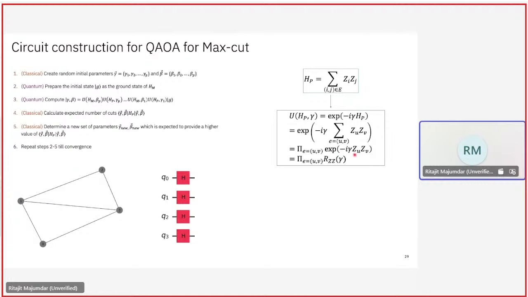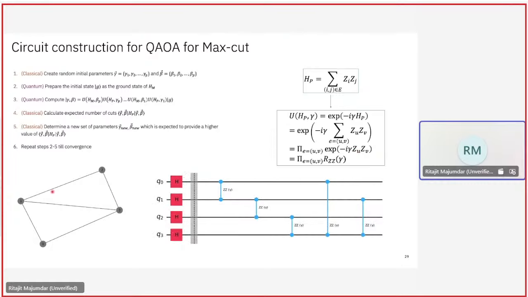And each of these individual terms is an RZZ gate, the exponentiation of minus i gamma Zu Zv. Where should we put the RZZ operator? For every edge uv.